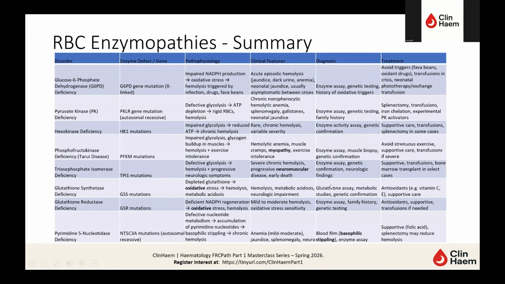This is a summary slide which you can go through, but you have to focus on G6PD and pyruvate kinase deficiency. The last one that I mentioned, pyrimidine 5-nucleotidase deficiency, you will see in the exam as hemolytic anemia, but basophilic stippling will be there, and some neuro features. So you can think of this deficiency.